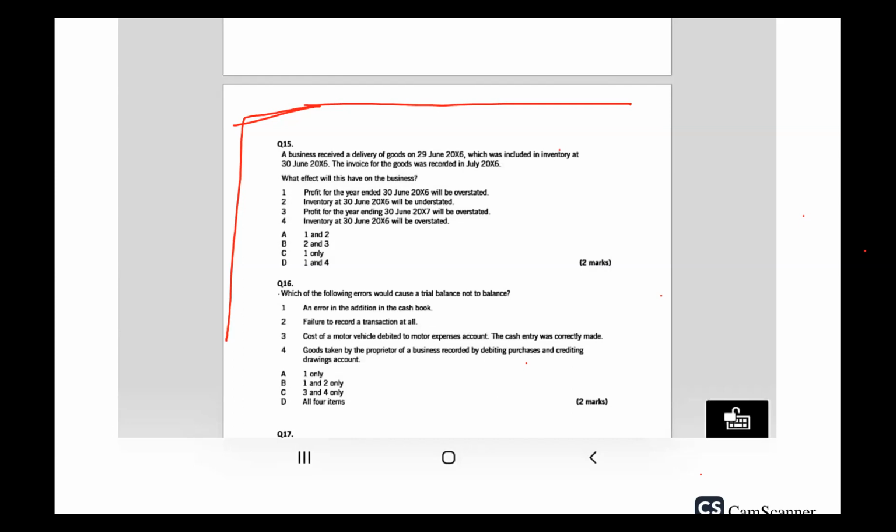Question 15. A business received a delivery of goods on 29th June 2016, which was included in inventory at 30 June 2016. The invoice for the goods was recorded in July 2016. What effect will this have on their business?